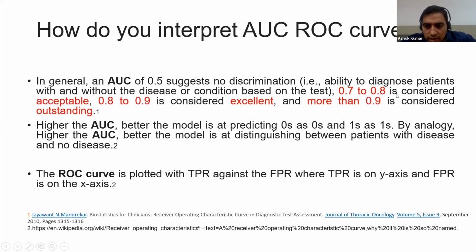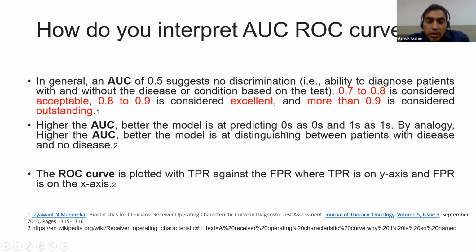0.7 to 0.8 is considered acceptable, and for values below 0.6, no problem, we can take it if the 95% confidence interval does not cross 0.5. And 0.8 to 0.9 is considered excellent, and more than 0.9 is considered an outstanding test. The higher the AUC, the better the model is at predicting 0 as 0 and 1 as 1.